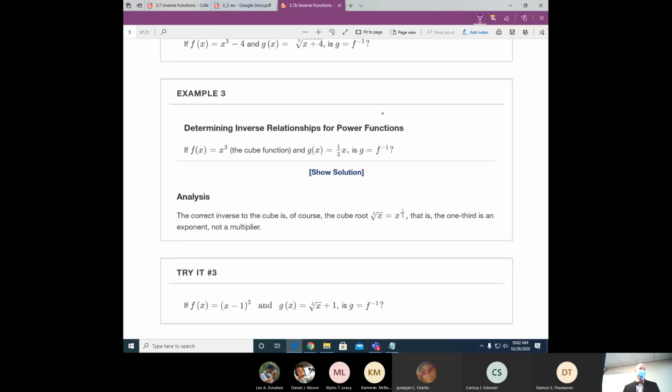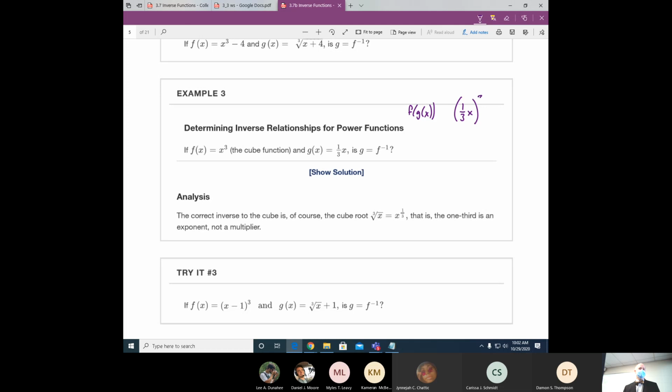Let's prove it. Let's take f of g. And remember, many of these problems will require you to show your work. F of g is, I take g and I cube it, because f cubes whatever it's given. So g is 1/3 x.